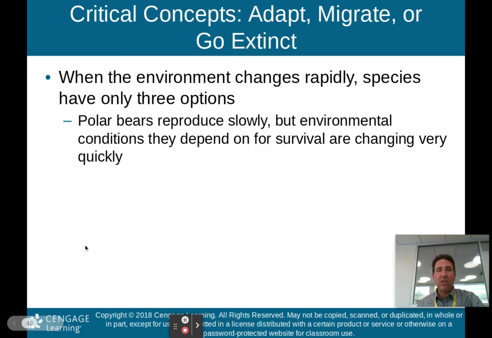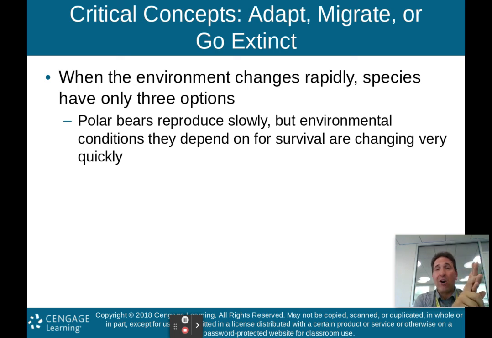All right, the final slide here: adapt, migrate, or go extinct. When the environment changes rapidly, species have only 3 options. Polar bears reproduce slowly, but environmental conditions they depend on for survival are changing very quickly. And this is the problem. You can only do one of 3 things. You can adapt, you can migrate, or you can go extinct. Well, it's very hard to adapt when it's happening so fast.